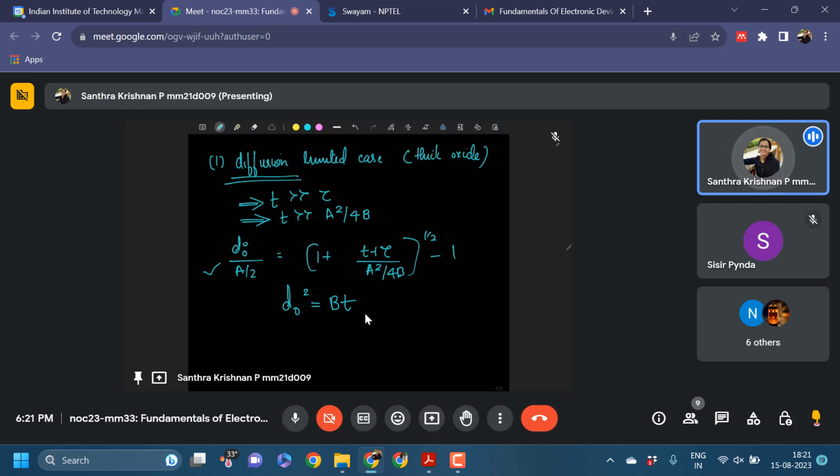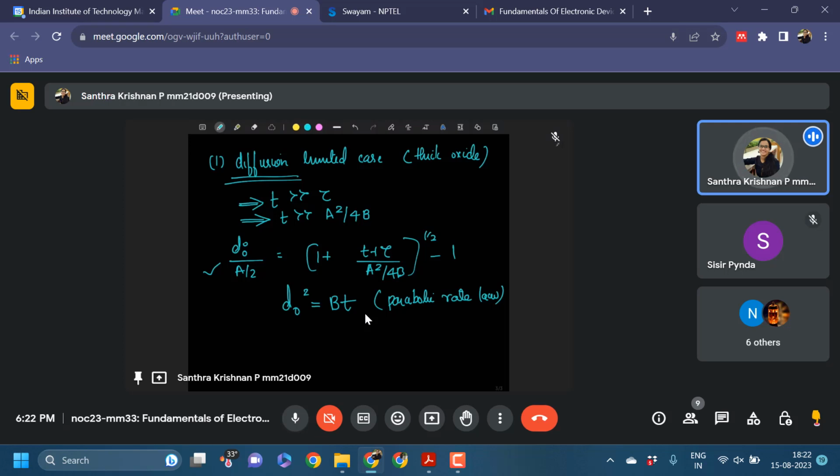So this is a parabolic rate law. We write y is equal to x square in case of a parabolic rate law, which predicts that the oxide thickness increases with time as the square of the thickness.